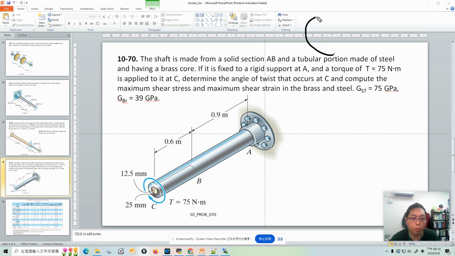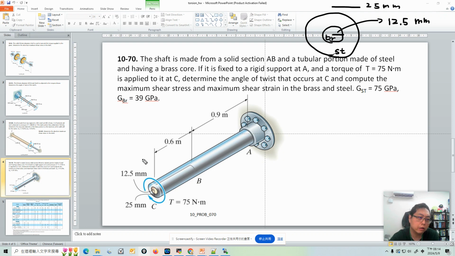The radius here is 25 millimeter, and this is 12.5 millimeter. The core is brass, and the shell is steel. This is the core shell structure in the BC section.